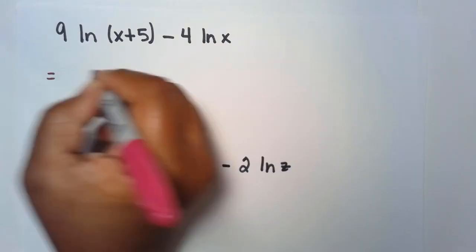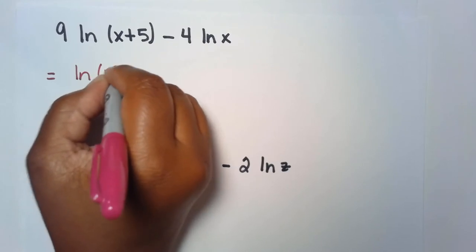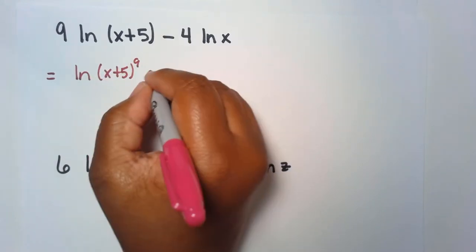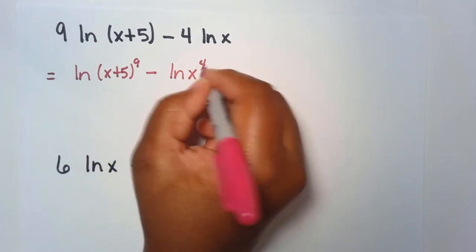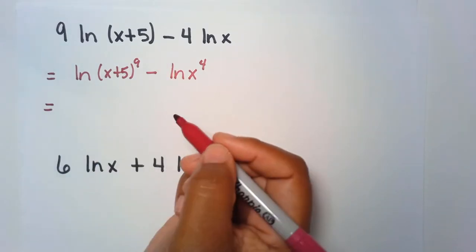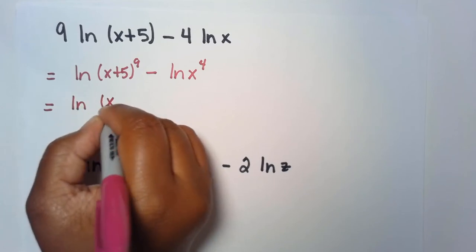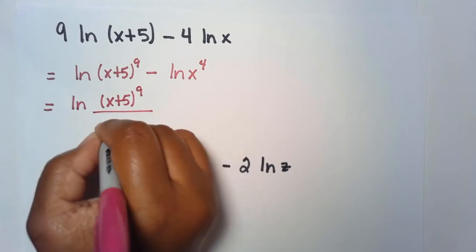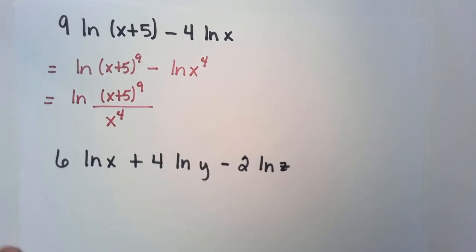So we have here, using the power rule, ln of x plus 5 raised to the ninth power minus ln of x to the fourth. And because this is subtraction, we're going to use the quotient rule, and we will write this as ln of the quantity of x plus 5 raised to the ninth all over x to the fourth. And that is all we can do.